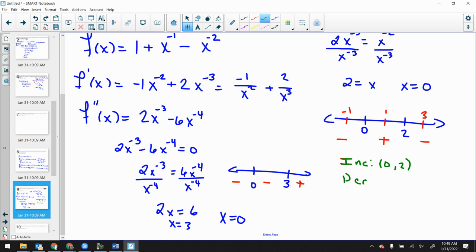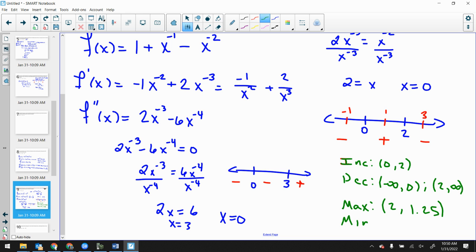It's decreasing from negative infinity to 0, and then again from 2 to infinity. There is a local max at 2 comma, and just for our purposes here, believe me, it's 1.25.